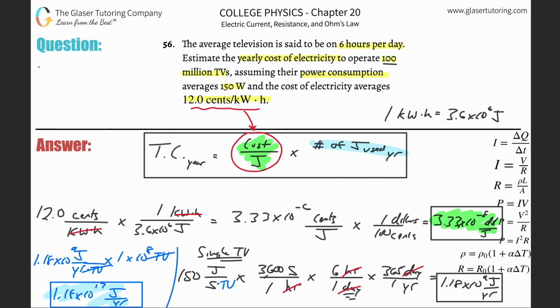So I'm going to do it on the top left. Total cost will be equal to 3.33 times 10 to the minus 8 dollars per joule. And then I'm going to multiply that by my 1.18 times 10 to the 17th joules. Notice how the joules go bye-bye, and we're left with just dollars. So let's see what we get.